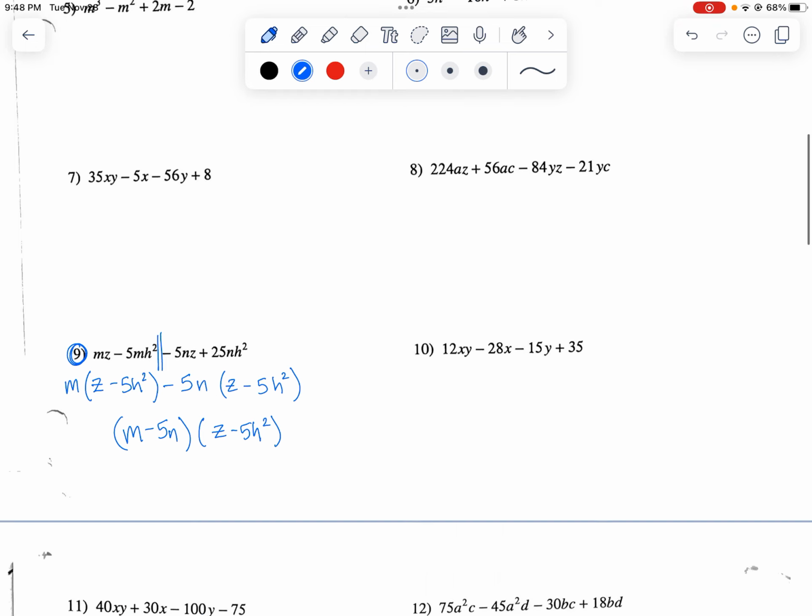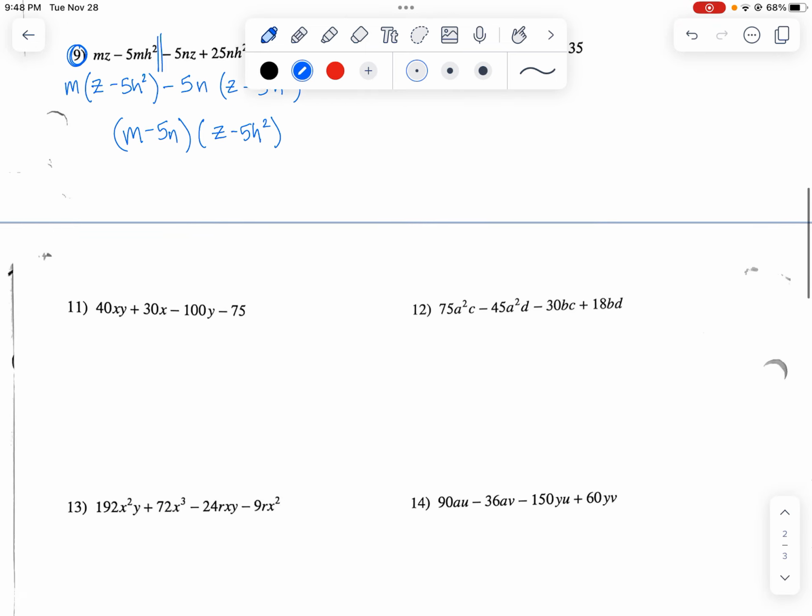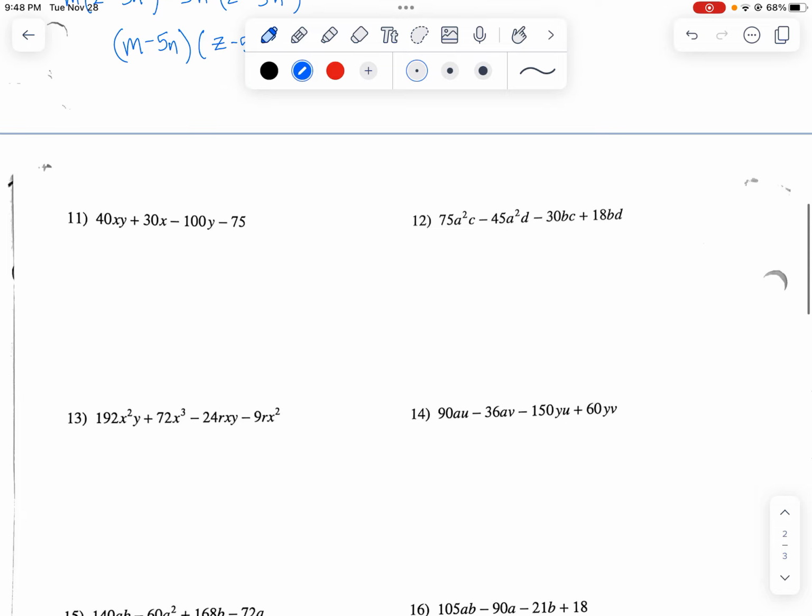Okay, scrolling down here, let's look at one that looks a little bit more complicated. Let's look at something like 14, where maybe I can take out a greatest common factor. It looks like 90, 36, 150, and 60 can definitely all be divided by 6. They can't be divided by 10. They can't all be divided by 15.